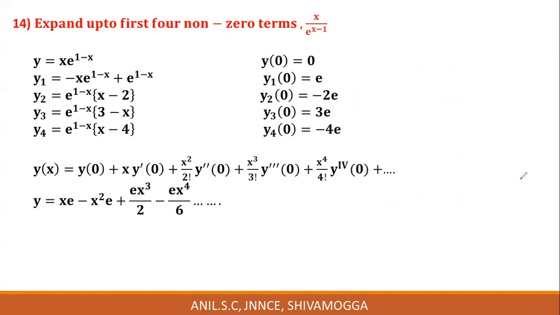You can expect one problem from this part in the examination, Maclaurin series. It is fixed. Is this method clear? If you say yes, we can go to the next method.